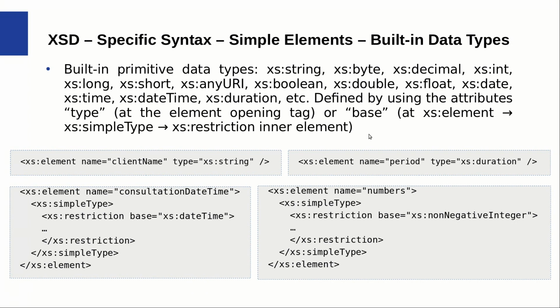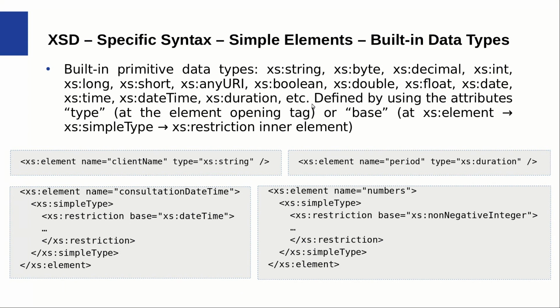So we have built into the schema default namespace the xs:string type, xs:byte, xs:decimal, xs:int, xs:long, xs:short, xs:anyURI, xs:boolean, xs:double, xs:float, xs:date, xs:time, xs:dateTime, xs:duration, and some others.